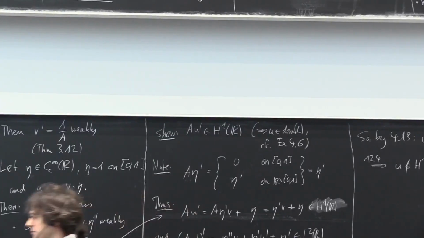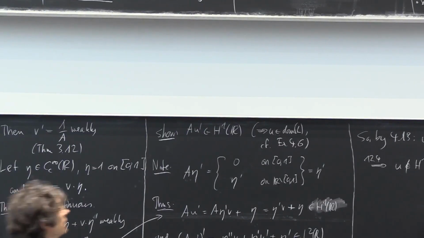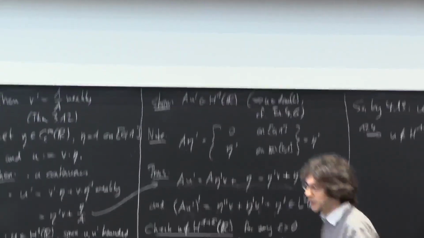Because we know U is in H1, we know that. And once you know that U is in H1 and you know the derivative is not in H epsilon, then U is not in H1 plus epsilon. Okay. So this proves proposition 12.2.